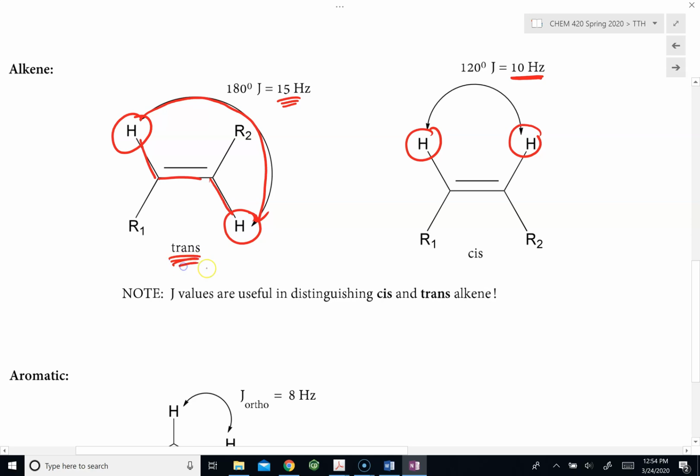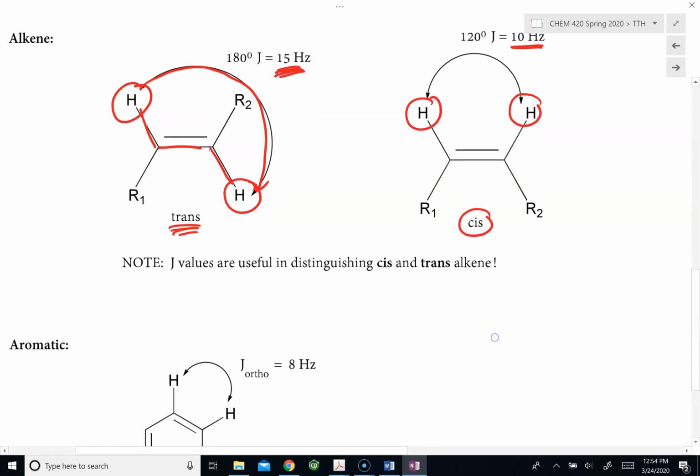If we have a trans alkene, the bond angle would be 180 degrees and therefore have a larger J value, versus the cis alkene, which will have a much smaller J value. So that's how we can distinguish between cis and trans alkenes.